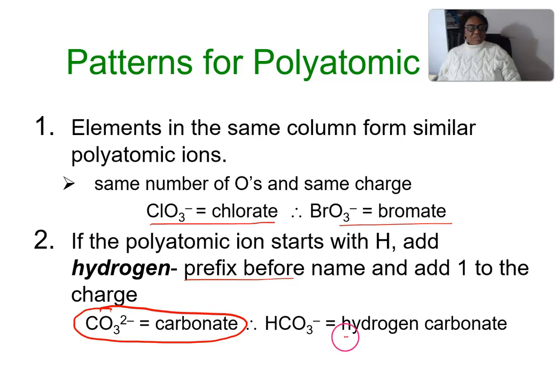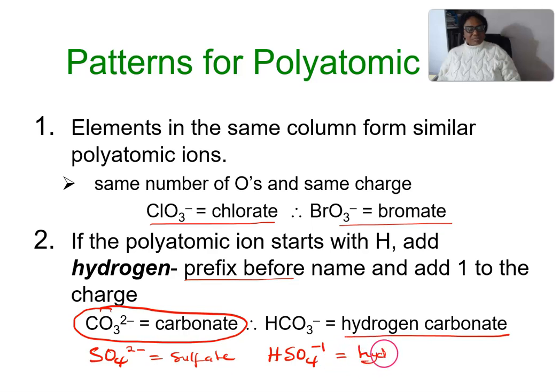And the name changes to hydrogen carbonate. Take note. I want to do another example. SO4 2-. This is sulfate. HSO4 -1. This becomes hydrogen sulfate. So that's what we mean.